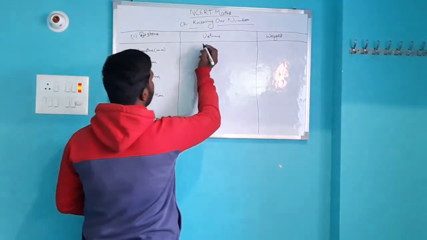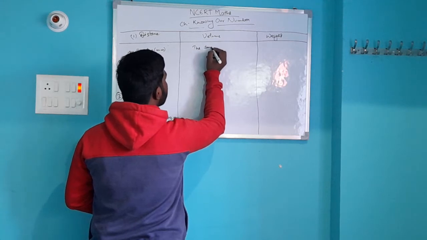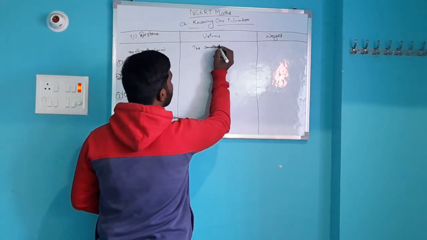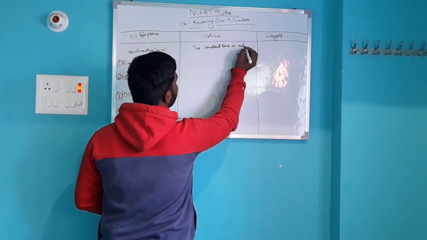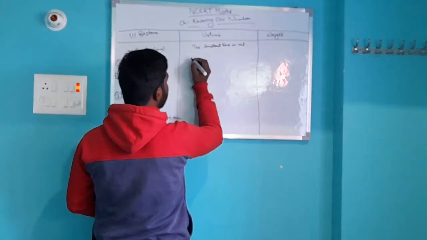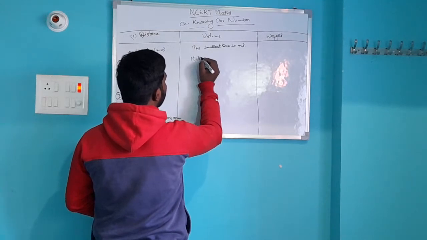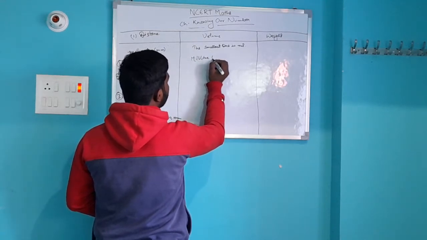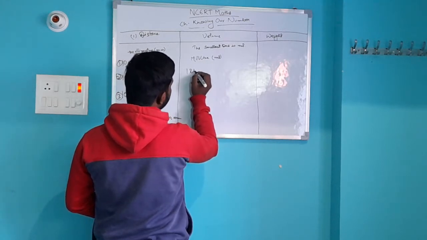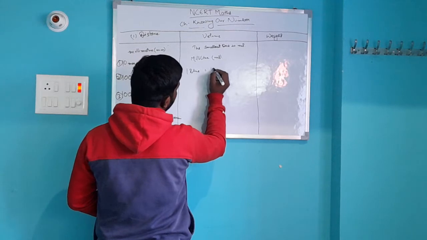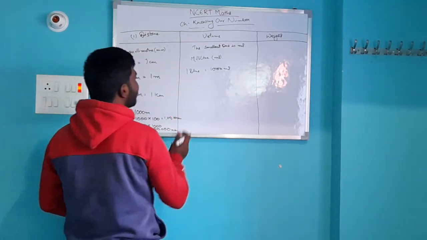Now see the volume units. The smallest one is milliliter, symbol ml. In 1 liter, there are 1000 milliliters. This is very similar to it.